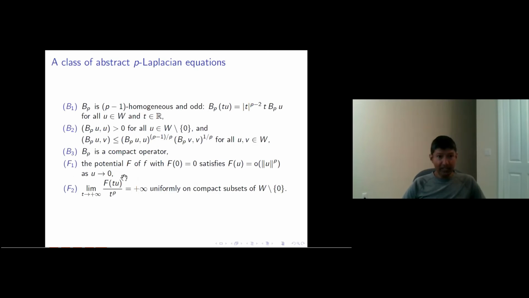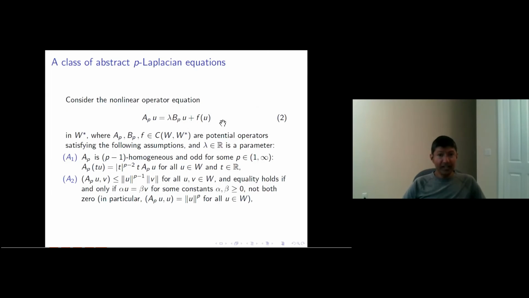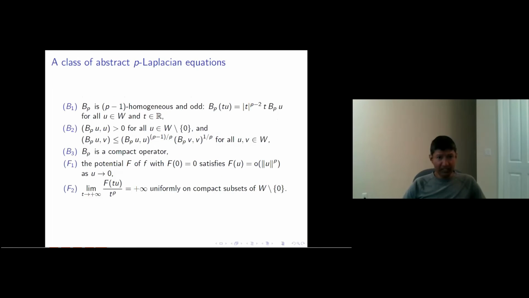And finally, the nonlinearity F of u is basically our critical term. So it's assumed to be a potential operator. The potential satisfies f of 0 equals 0, and it's of higher order than p near 0, and it's of higher order than p at infinity also.